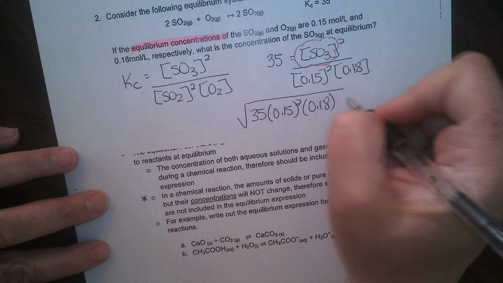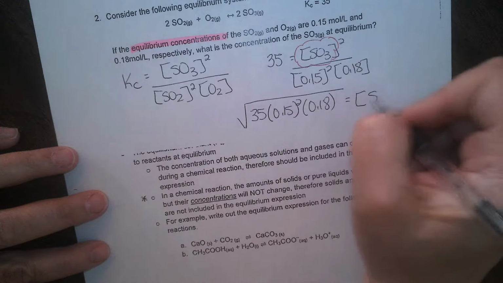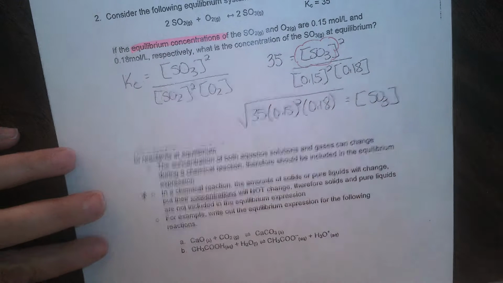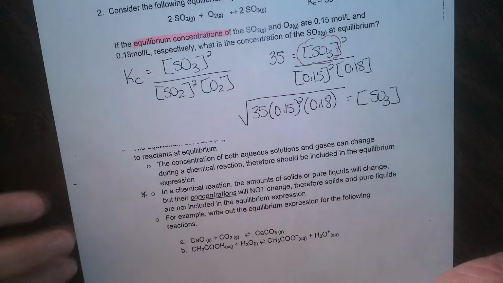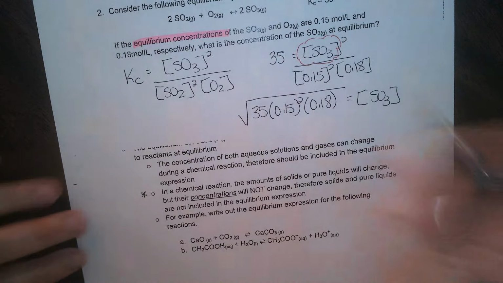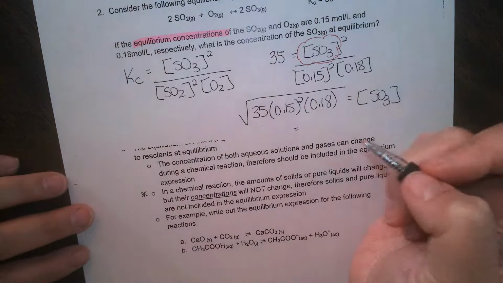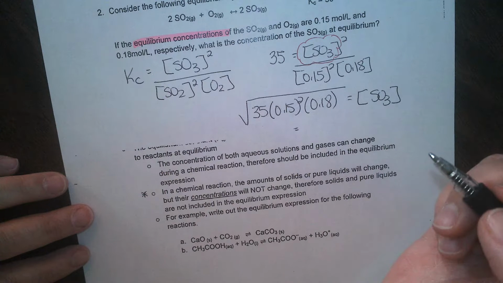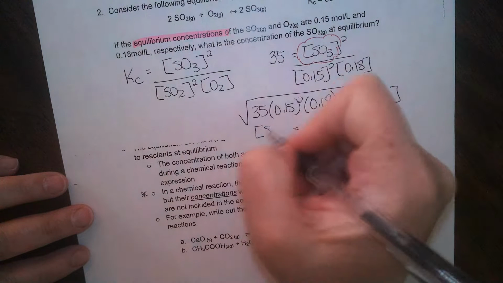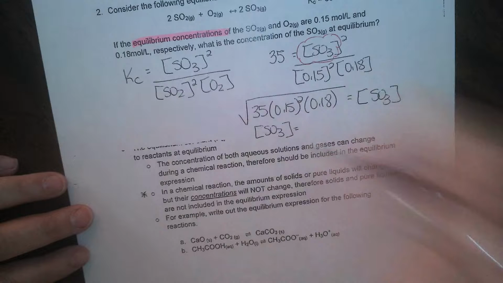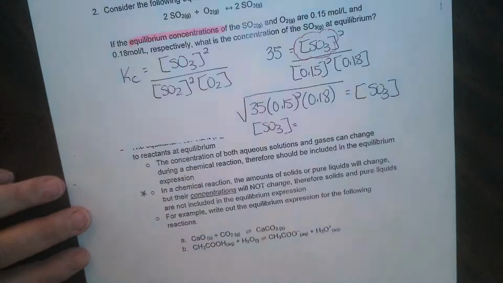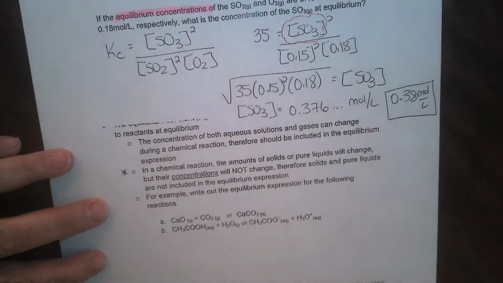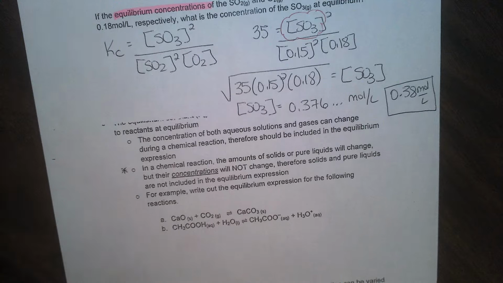I'm going to square root it all, and I'm going to get the concentration of SO3. And that value is going to be what? Okay, so it's the concentration raised to the power of the coefficient.